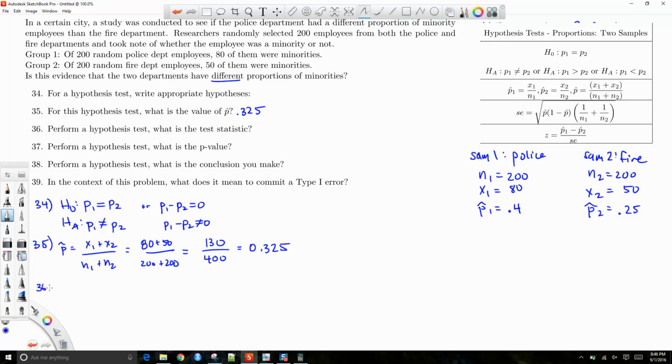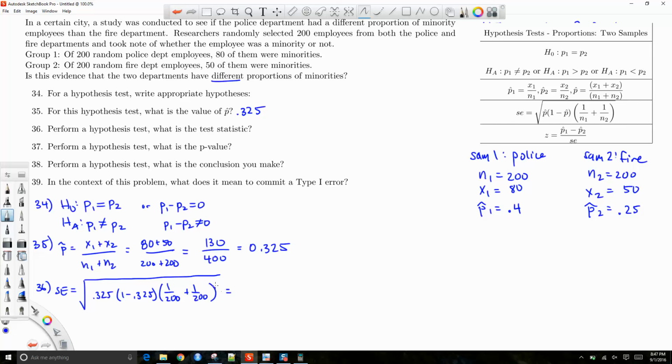Question 36, we ask what is the test statistic, so we'll find the standard error. We're going to plug in p hat 0.325 times 1 minus p hat, 1 minus 0.325, times 1 over n1 plus 1 over n2, which is 1 over 200 plus 1 over 200.